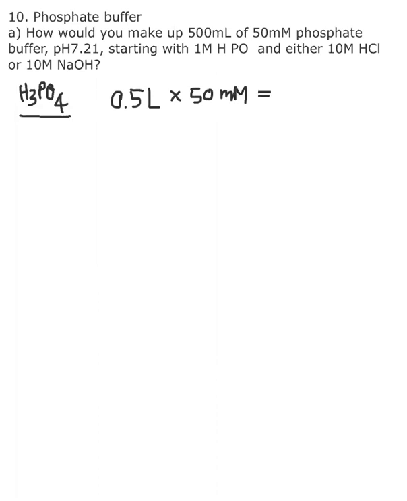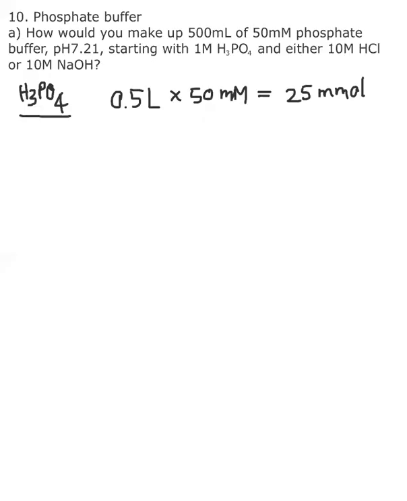So the moles of the phosphate ion that we need equal 0.5 liters times 50 millimolar, which equals 25 millimoles. From the equations, we have 1 molar H3PO4.